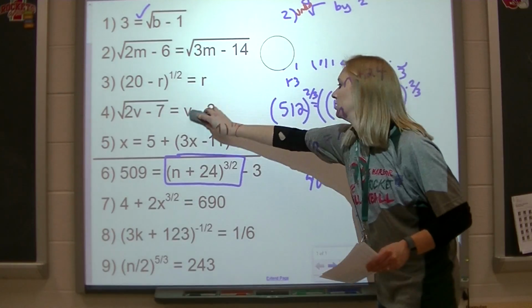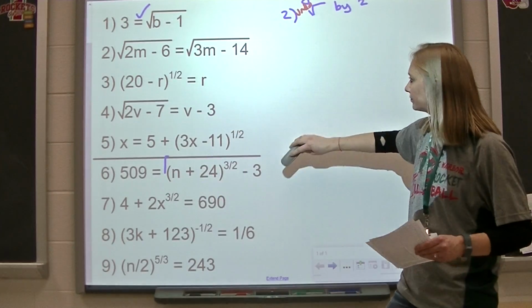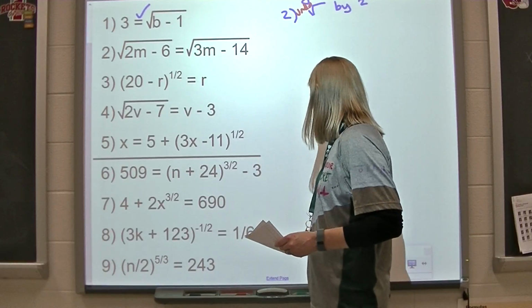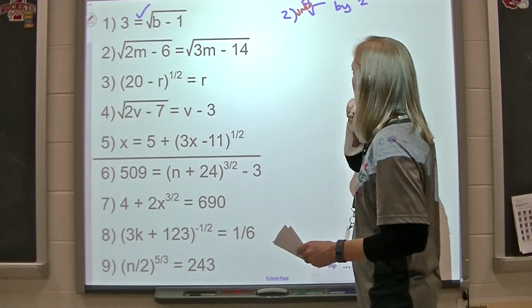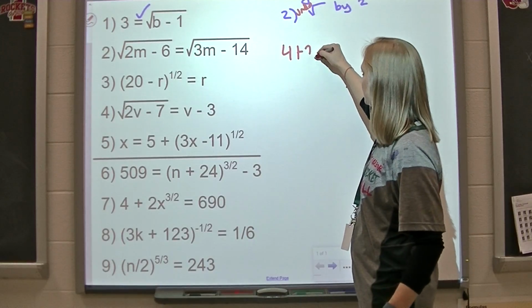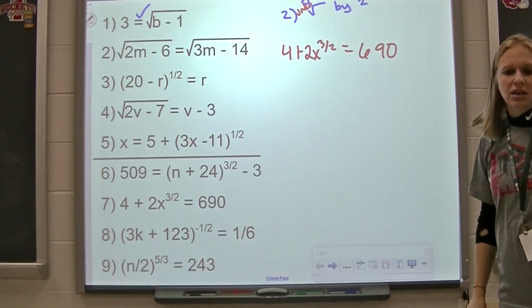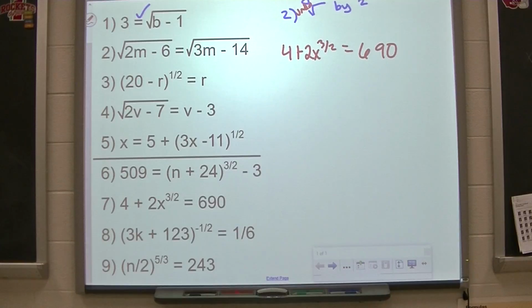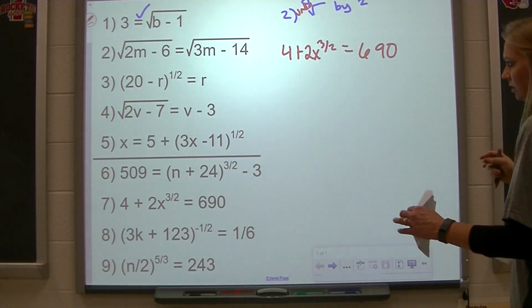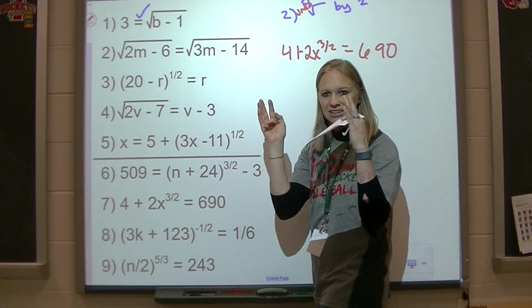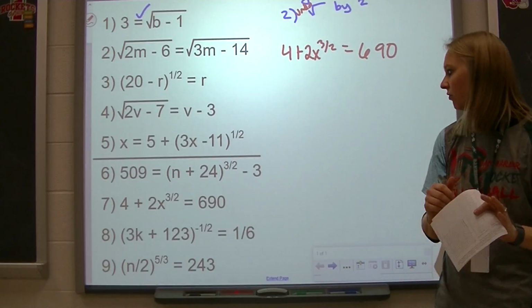Let's look at number 7. Okay, for 7 here, we have 4 plus 2x to the 3/2 equals 690. Again, you want to try to get the group that's raised to the power by itself, aka the radical by itself.